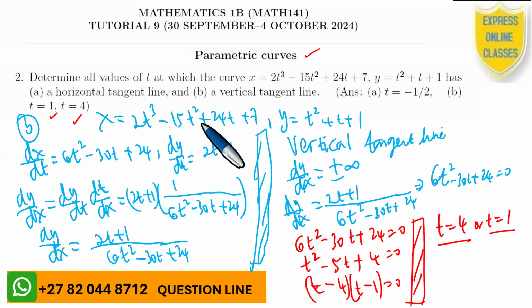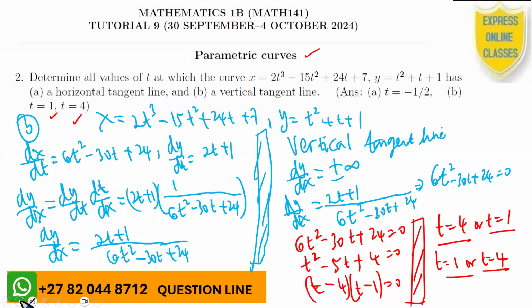This would mean at this point t equals 4 or t equals 1, or you could say by symmetry t equals 1 or t equals 4 at the same time. So move on to the next point.